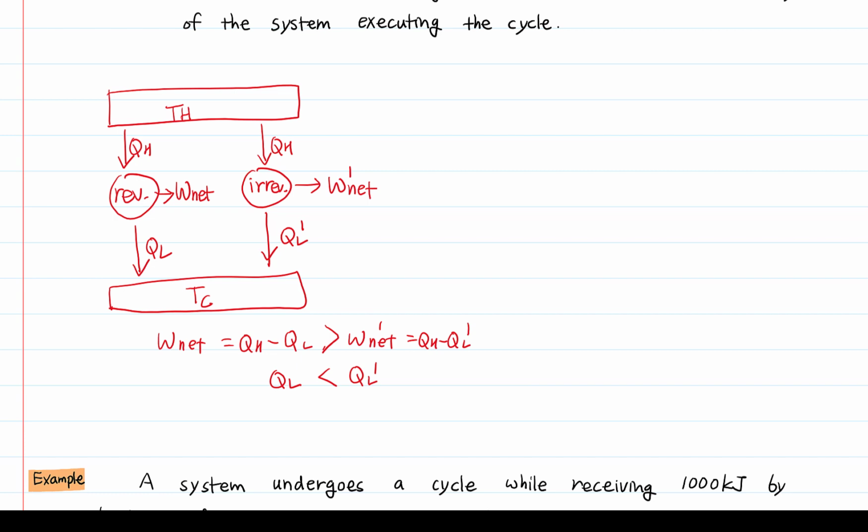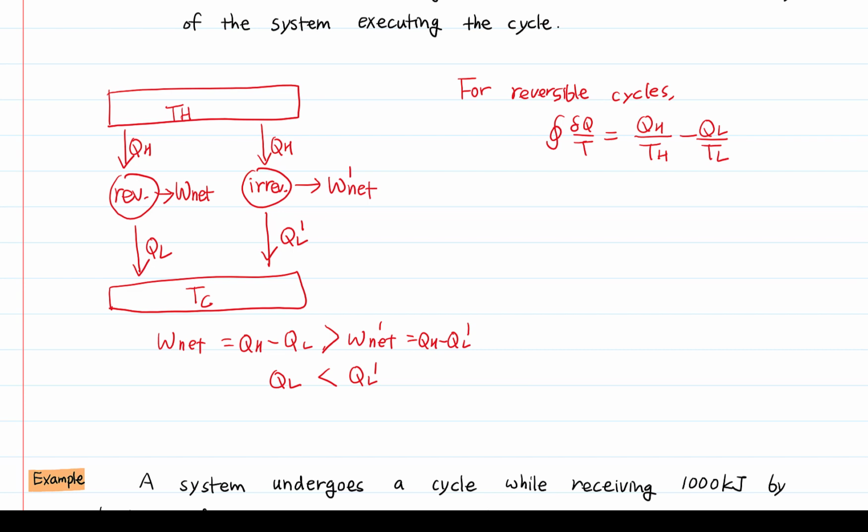Now let's see the cyclic integral of delta Q over T. For the reversible cycle, the cyclic integration of delta Q over T equals QH over TH minus QL over TL. So heat is transferred from a higher temperature reservoir at temperature TH, and heat is rejected to a low temperature reservoir at temperature TL.